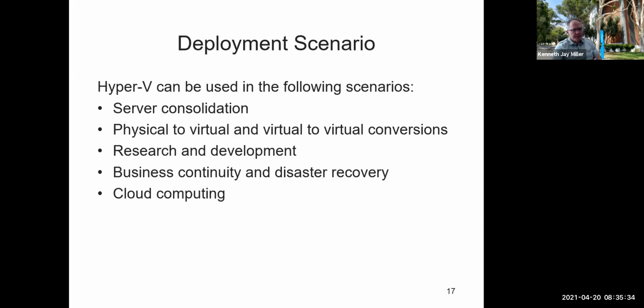All right. So how do we deploy our Hyper-V? First off, we're probably going to use Hyper-V to consolidate some of our servers. So some of the box servers, physical machines that we have, maybe 5 or 6 of them, we may be able to say, let's get a beefy server, a good host machine, and then let's create some virtuals and we can repurpose those other machines, that hardware, for something else.